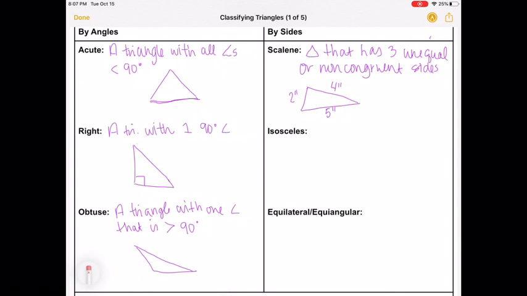So scalene. All right, second one is isosceles. So this is a triangle that has two congruent sides. I'll say equal or congruent.